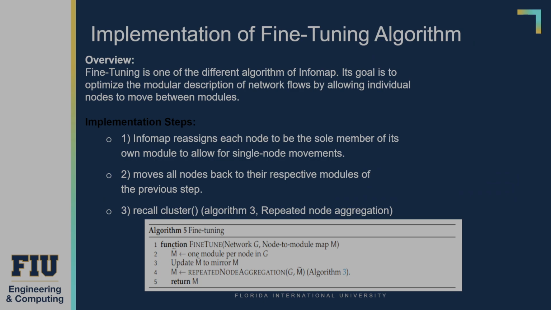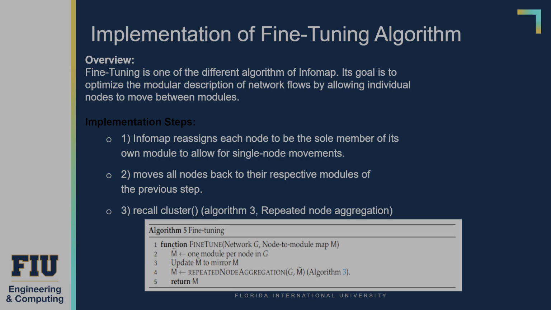Implementation of the fine-tuning algorithm, which is the algorithm we decided to add to the Infomap and map equation algorithm. Overview. Fine-tuning is one of the different algorithms of Infomap. Its goal is to optimize the modular description of network flows by allowing individual nodes to move between modules. Implementation steps.